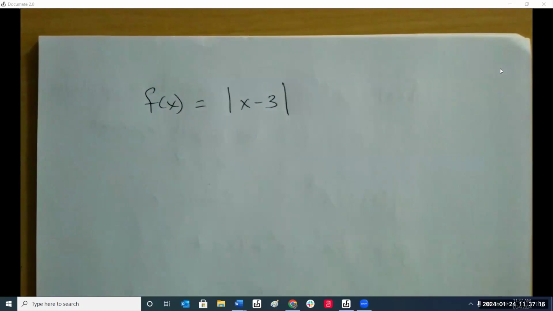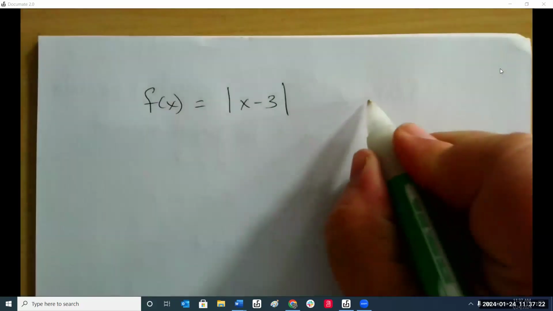How about this one? Absolute value. Exactly.